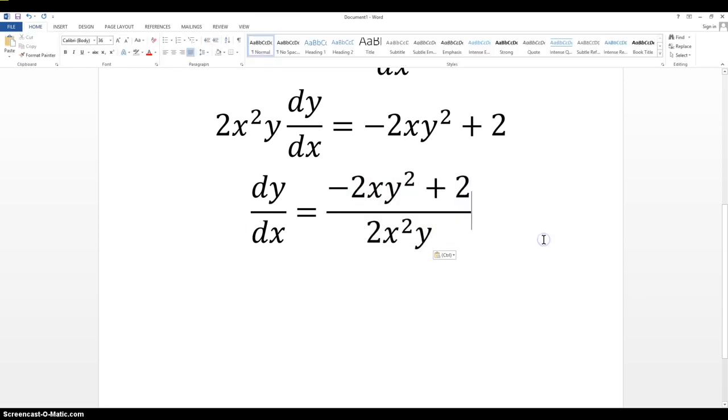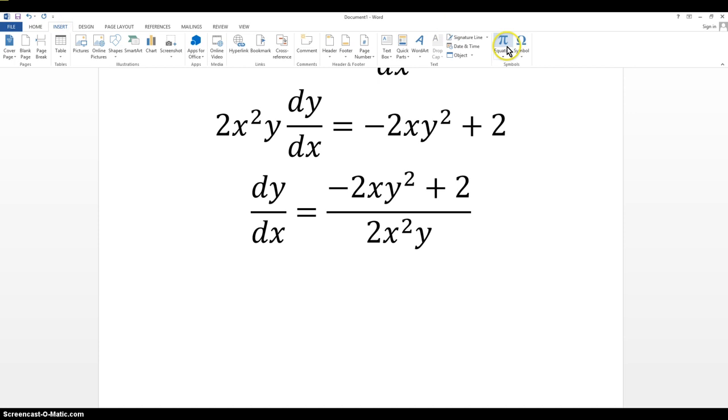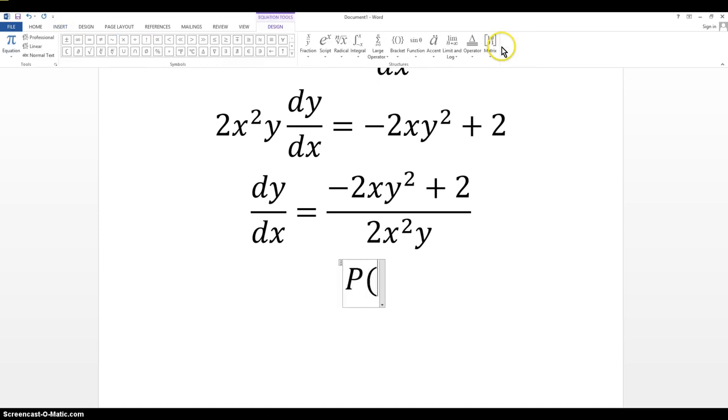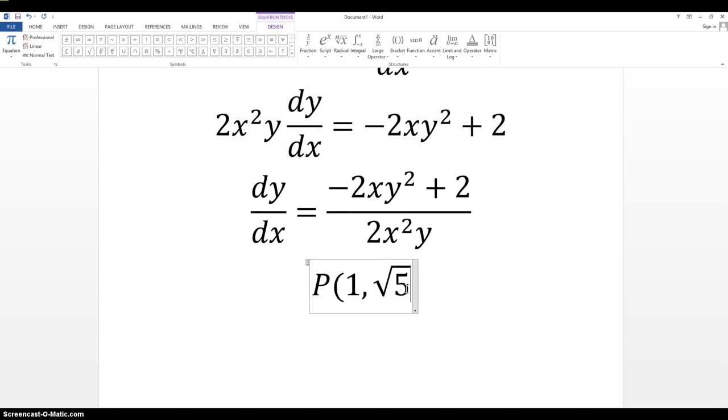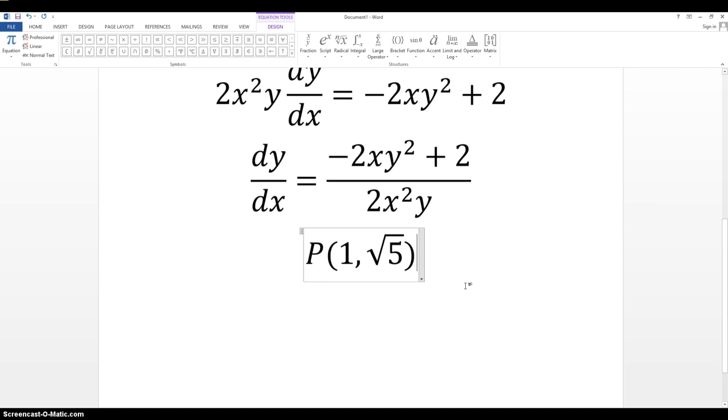Okay, next step is they actually gave us some points, so let's say point P is at (1, square root of 5). That means we need to plug in these values, and that will give us dy/dx.